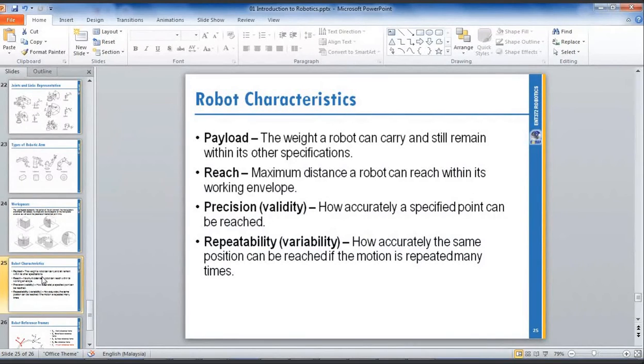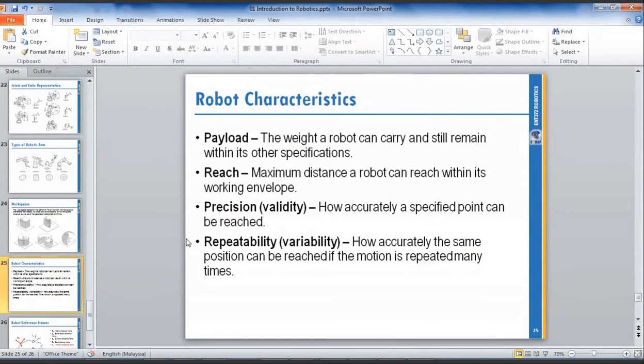Now it's robot characteristic. There are 4 items that we need to consider when we want to choose the robot. So we need to know the payload, reach, precision, and repeatability. If we want to purchase the robot, we need to know what payload we require the robot to pick up.